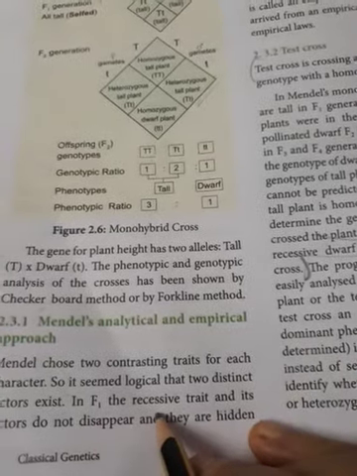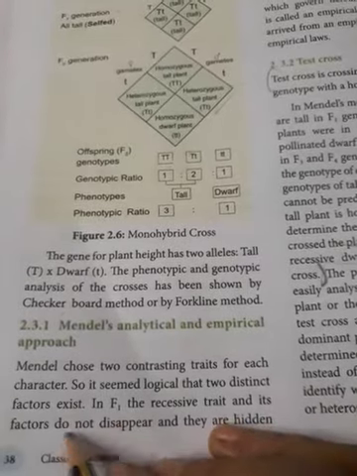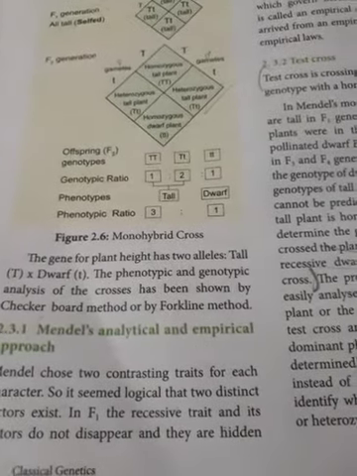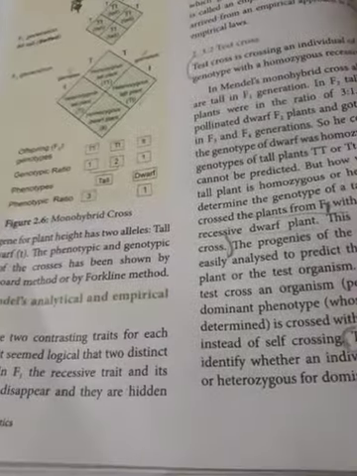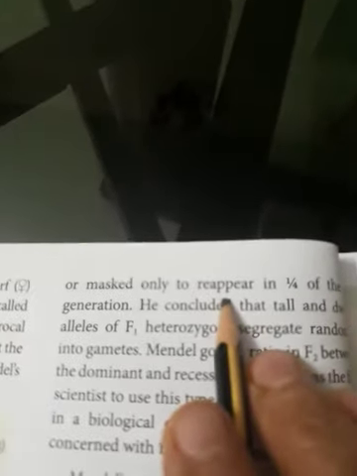In F1, the recessive trait and its factor do not disappear. It was there, but it was suppressed, hidden or masked, only to reappear in one fourth of the F2 generation.